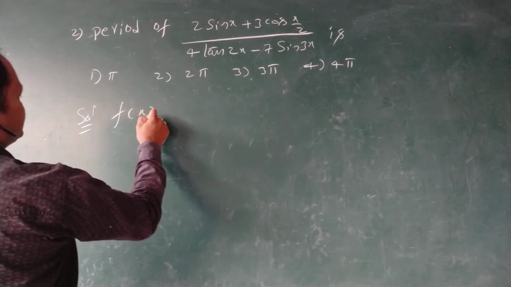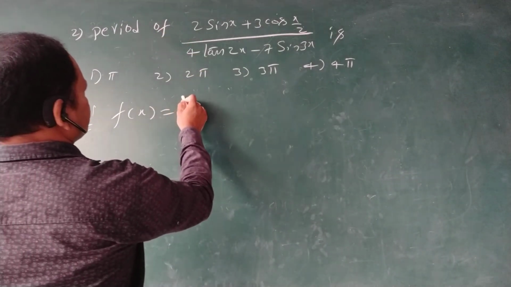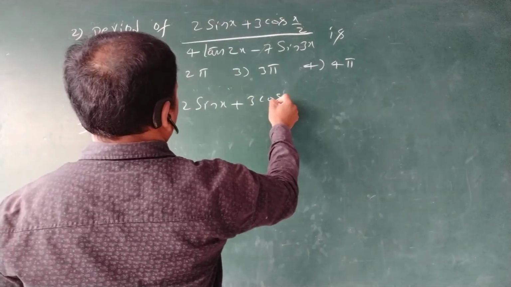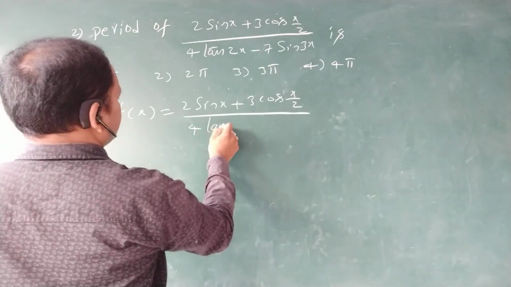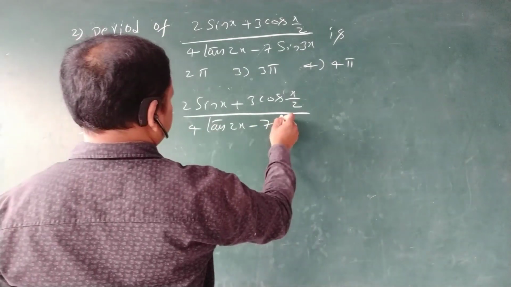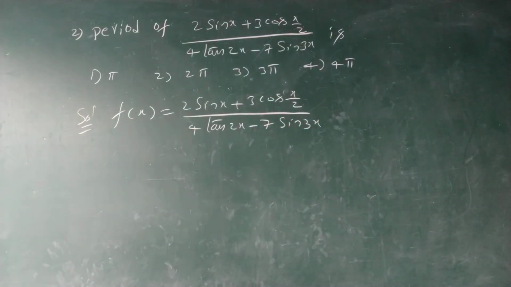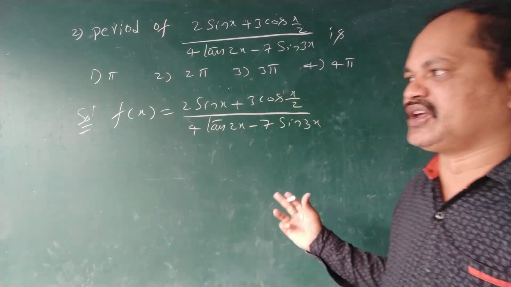Let us consider this function as f of x, that is (2 sin x plus 3 cos x by 2) whole by (4 tan 2x minus 7 sin 3x). Now we have to identify the period of each function involved in f of x.